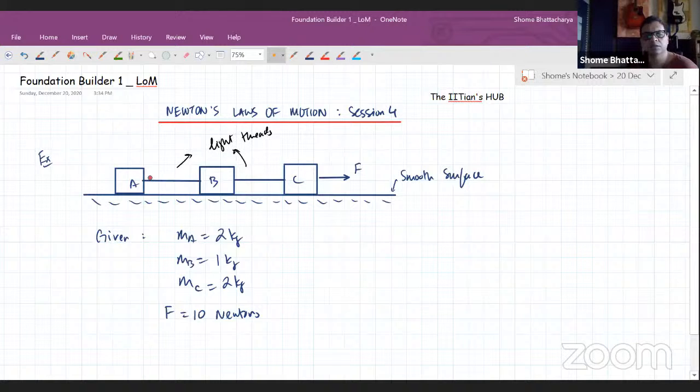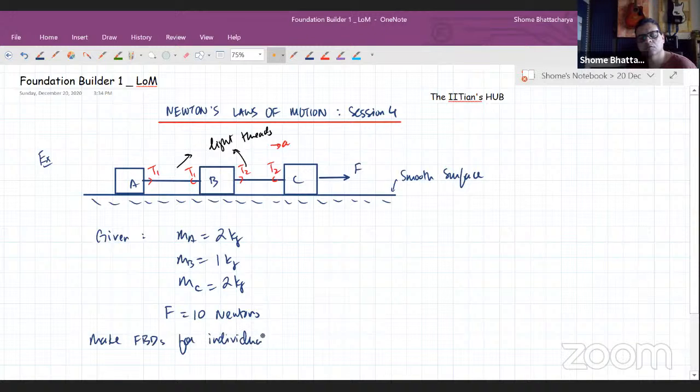So if this thread develops a tension T1 and this thread develops a tension T2, and the blocks start accelerating at the rate of a, what we have to do here is make free body diagrams for the individual blocks A, B, and C, and find out the values of the acceleration and tensions T1 and T2.